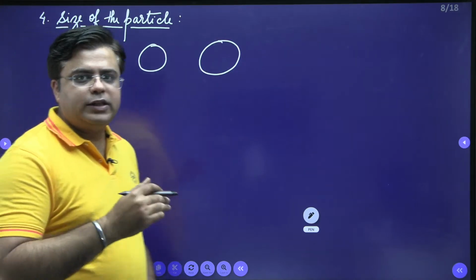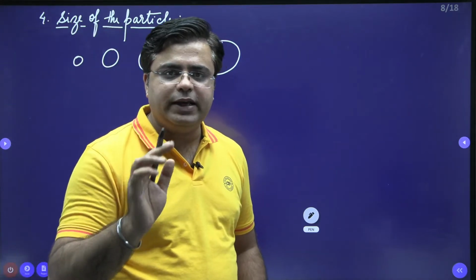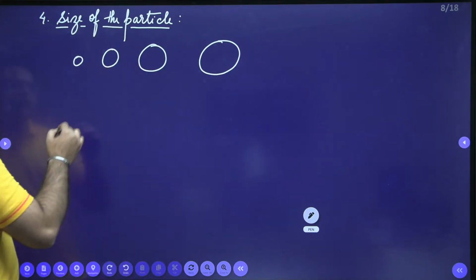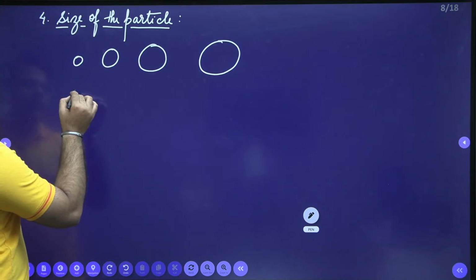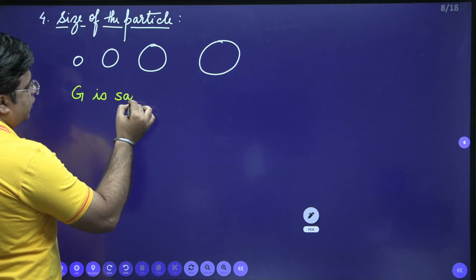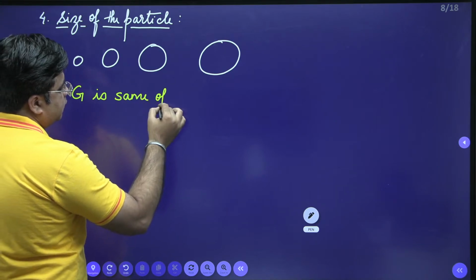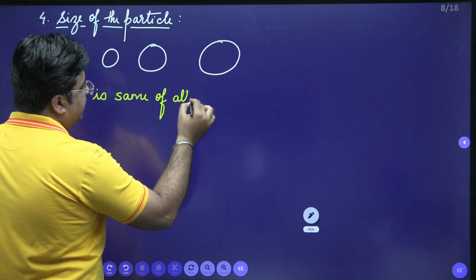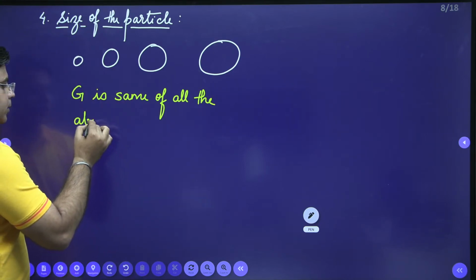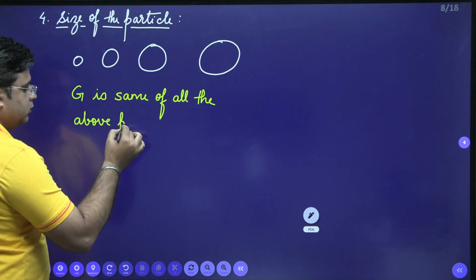But for all these particles, specific gravity is same. G is same for all the above particles.